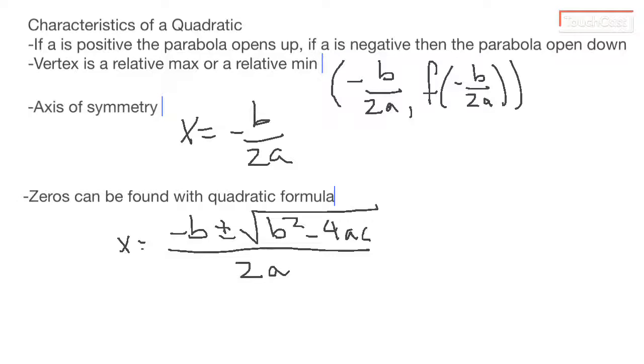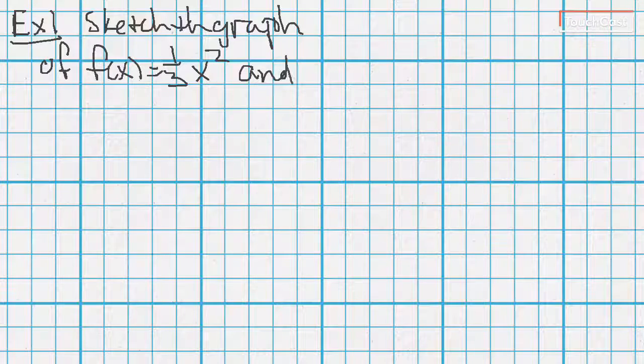Now we're going to look at our first example here in a second. So this is going to be example 1. What we're going to do is sketch the graph of f of x equals 1/3 x squared and the graph g of x, which is equal to 2x squared.